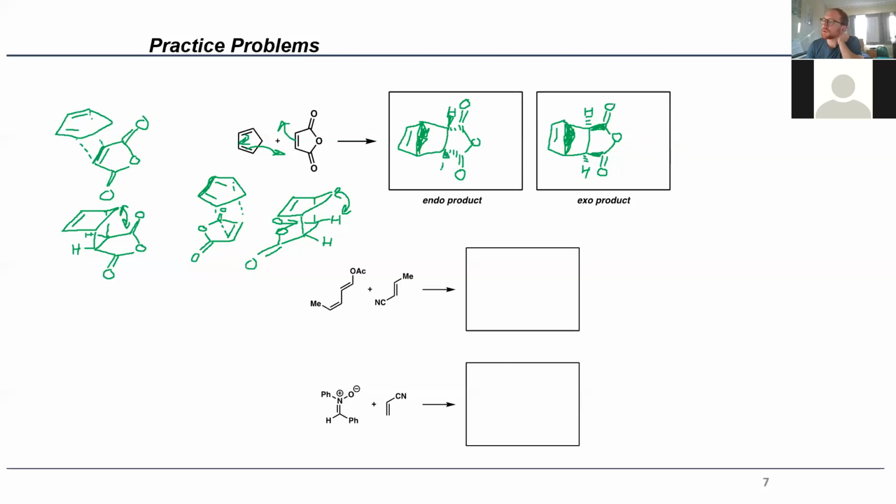Now, of course, these are both formed as a mixture of enantiomers. So we'll give a plus minus here to show that the other enantiomer is also made.